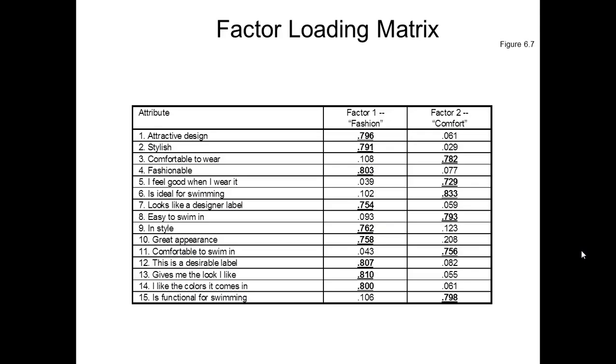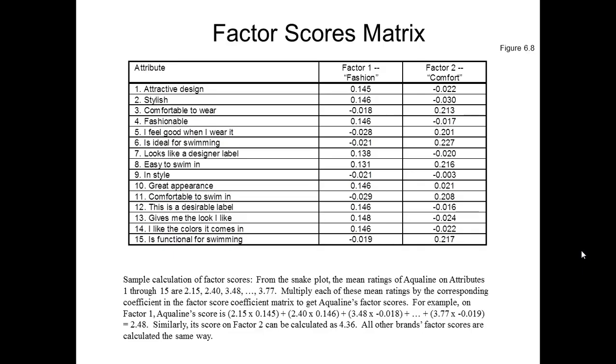Factor loading matrix, they're just looking at the attributes and the two different factors. They're talking about fashion versus comfort, and they're comparing the two. That's basically all they're looking at, and they're putting a value on it. Same thing here, fashion versus comfort, and they're scoring them. They're giving them a score based on those questionnaires that we saw before.